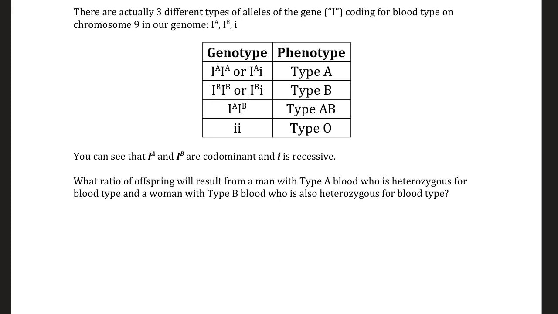So there is a recessive allele here. So if you are type A blood, that means you might have IA from one parent and IA from another parent, or you could be IA from one parent and then the type O recessive from the other parent.